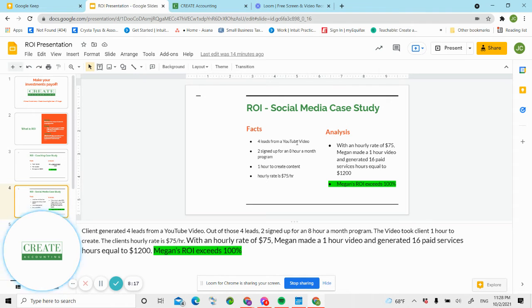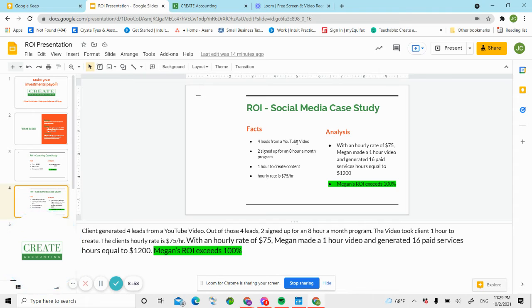Now, that's given there are no additional expenses incurred to make that video, which there most likely will be. But you have to be able to tie your expenses directly to that video, or else it does not make a proper calculation. Okay? So with that being said, you can definitely track the amount of time it's taking you on social media and how much money you are actually gaining from your social media input.